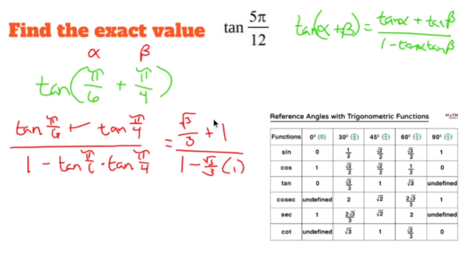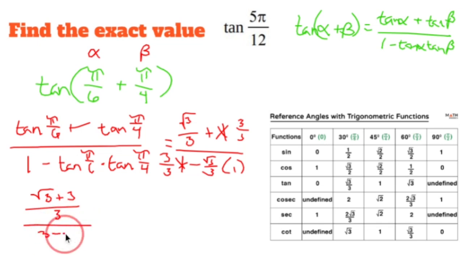Let's do a little combining up here. If I make this 3 over 3, and this 3 over 3, I get root 3 plus 3 over 3 minus root 3, all over 3.